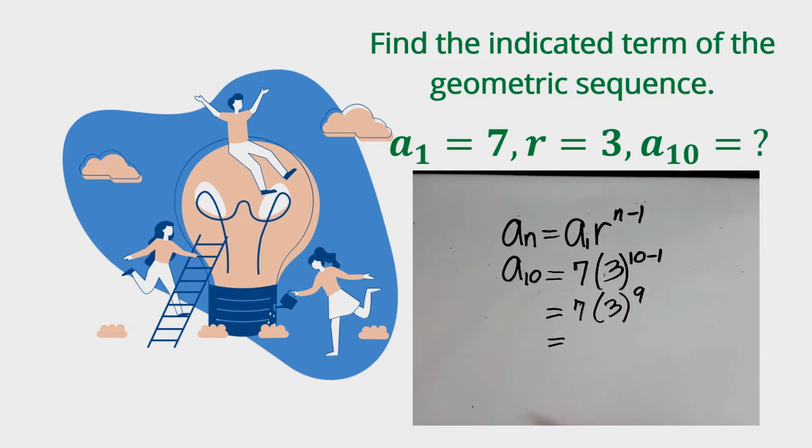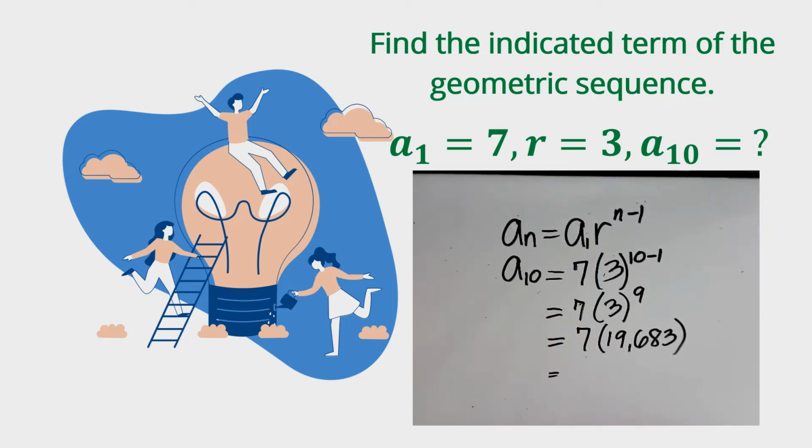Then, ang sunod naman dyan ay yung 3 raised to 9. 3 raised to 9 means 3 times 3 times 3 times 3 hanggang maka 9 tayo na 3. So, ang 3 raised to 9 ay 19,683. Ayan. Tapos, copy pa rin natin syempre yung 7.